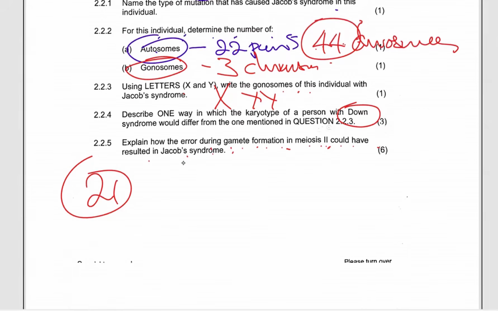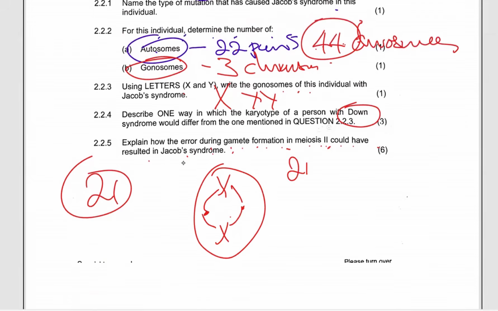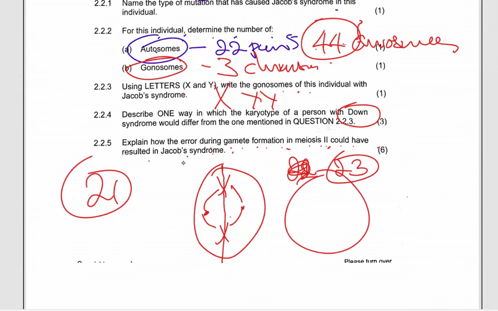What happens is that during anaphase, the chromosomes of the 23rd pair are supposed to split like this. Now it is in metaphase. During anaphase, they are supposed to split so that they move to opposite poles.